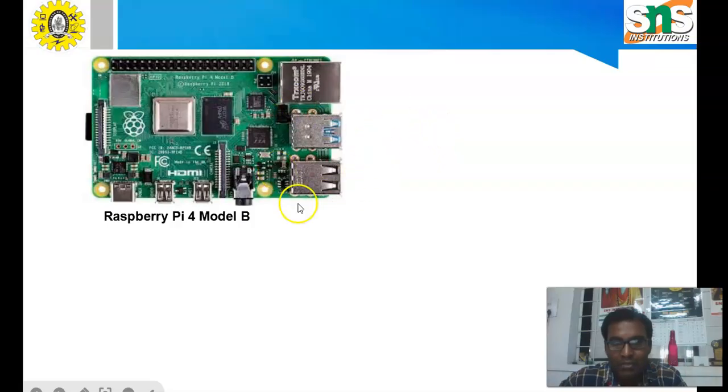The USB is version 3.0 and Gigabit Ethernet is used here, and it has two micro HDMI ports. This type of Raspberry Pi 4 model is majorly suitable for desktop use, IoT gateways and edge computing, etc.